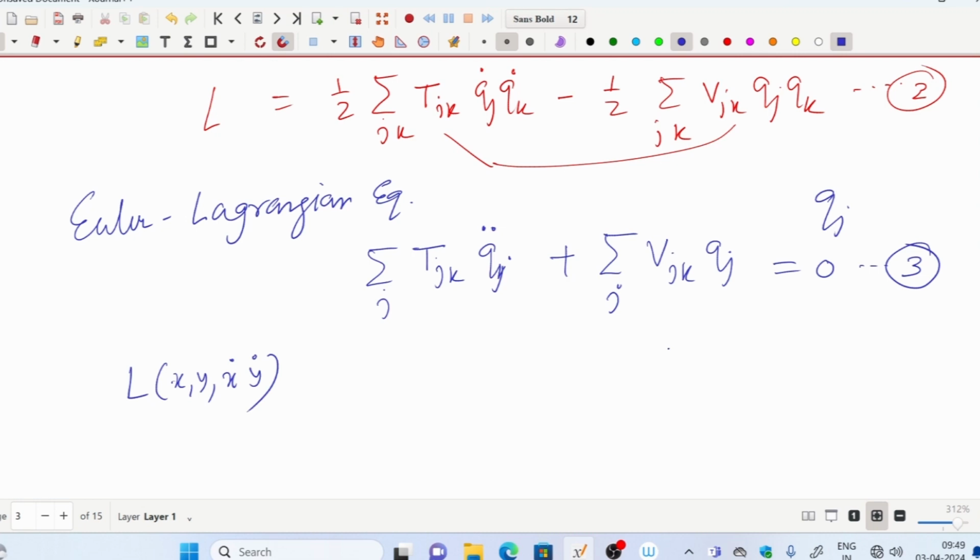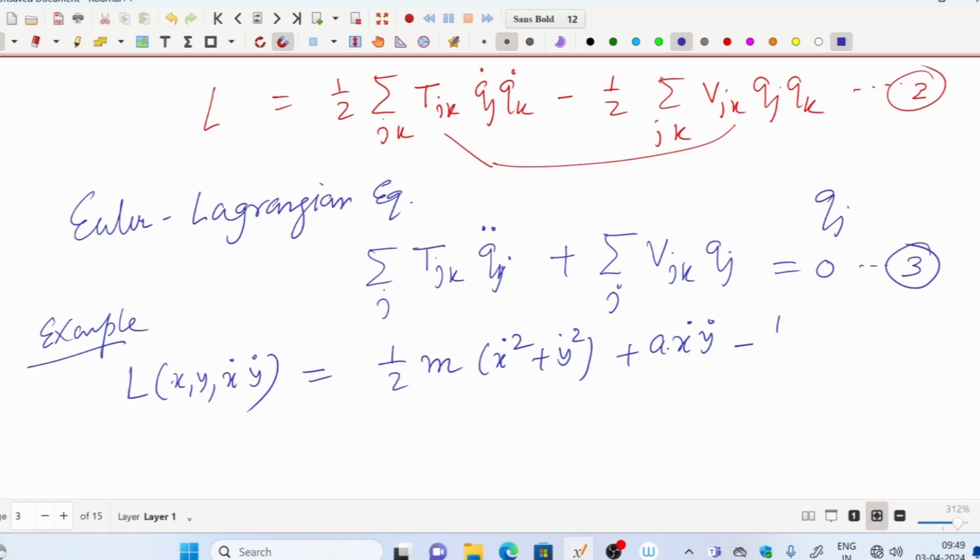As an example: half m (x dot square plus y dot square) plus a x dot y dot, minus half k (x square plus y square) minus b x y. Suppose this is the Lagrangian.